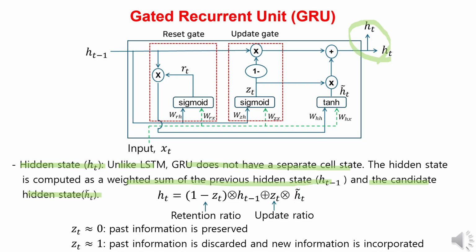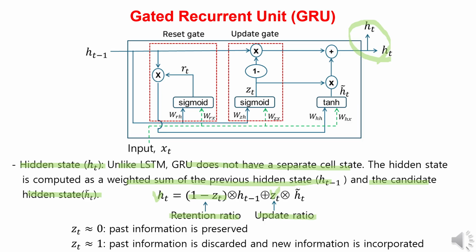If you look at the equation, the previous state is multiplied by 1 minus z sub t, and the candidate hidden state is multiplied by z sub t. We subtract z sub t from 1 so that the two weights add up to 1. Here, 1 minus z sub t represents how much of the past information we retain, and z sub t represents how much of the new information we update.